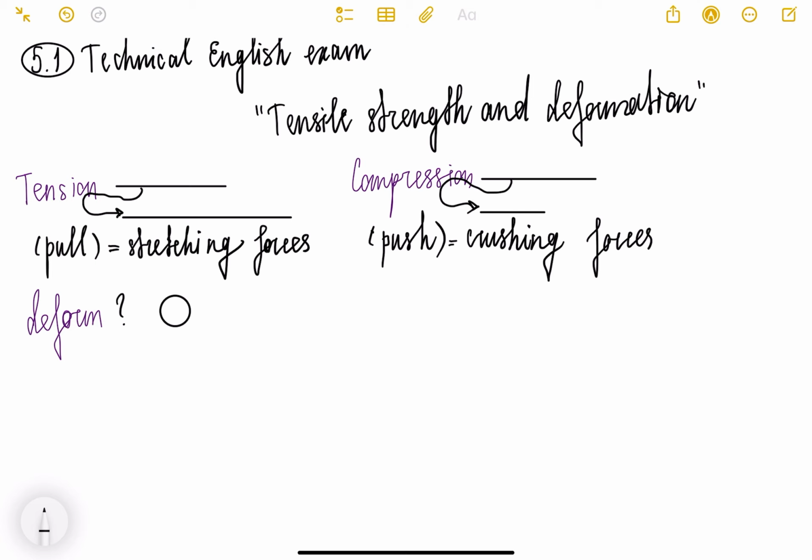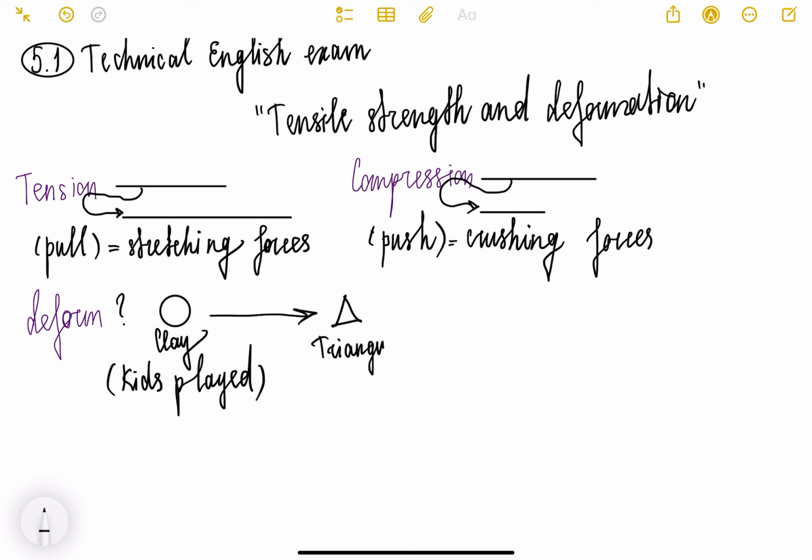And kids play with this clay. So this clay turned into triangular. This is now triangular clay. This is deform. This is what deform means, okay?